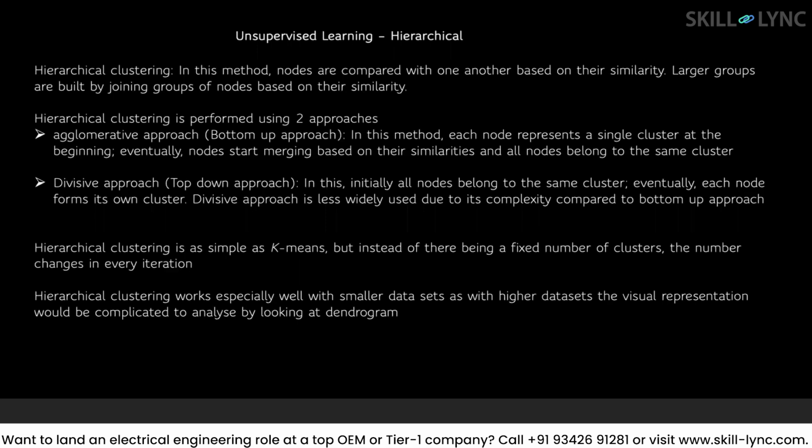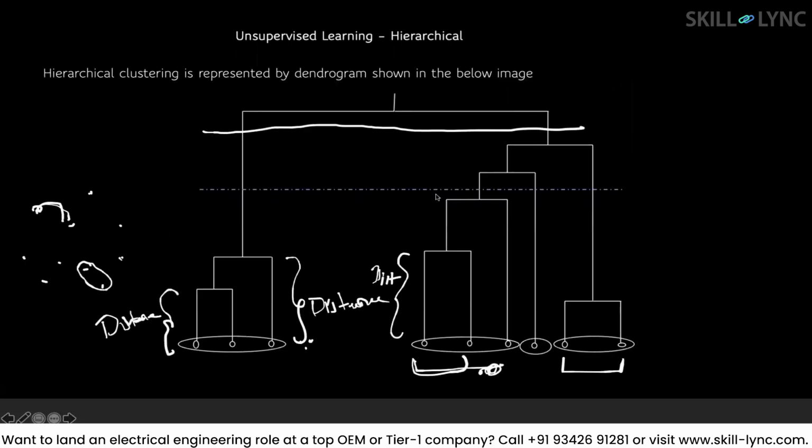Agglomerative approach is a bottom-up approach. What happens in this method is each node represents a single cluster at the beginning. Eventually, nodes start merging based on their similarity until all the nodes belong to the same cluster. So the figure I'm showing here is agglomerative hierarchical clustering.